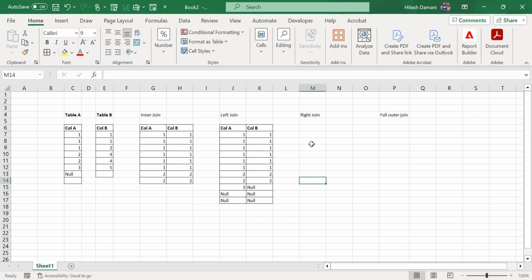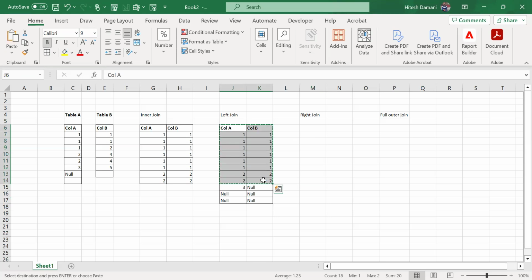Now what will be the output of right join? Right join is nothing but it will contain matching records of both the tables and all the records of the right table. Similarly to left join, this join will contain all the records of the right table. All the matching records of both the tables will be there as part of right join.